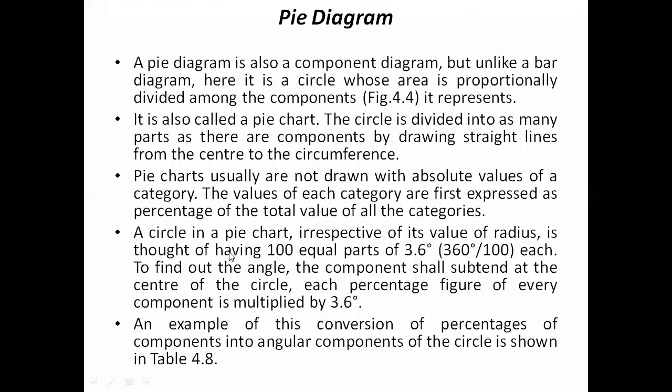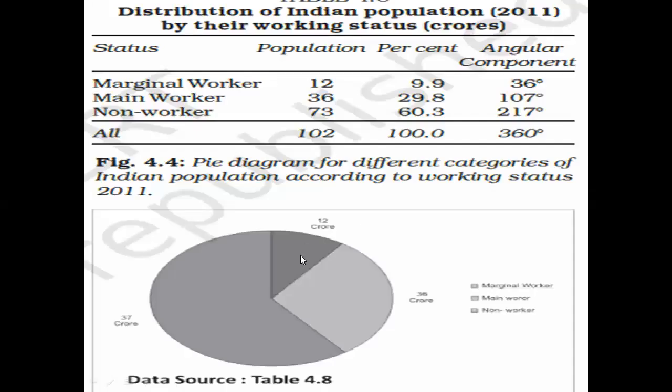The circle is divided into as many parts as there are components by drawing straight lines from the center to the circumference. Here you can see the straight lines from the center to the circumference.